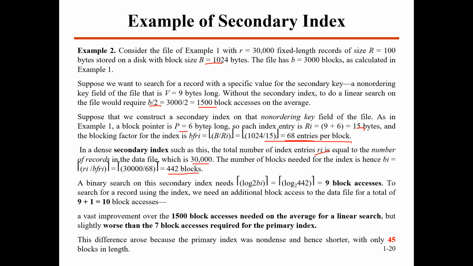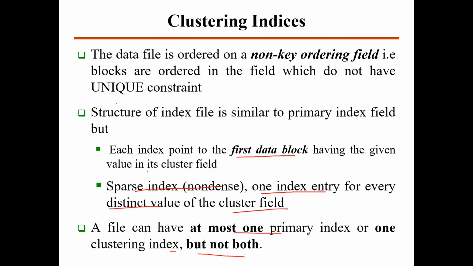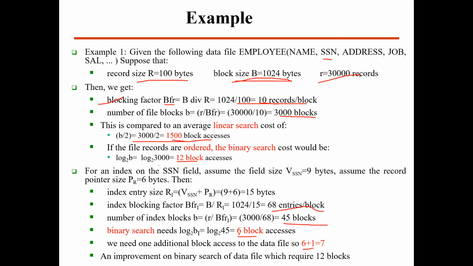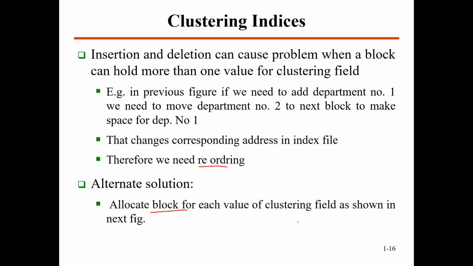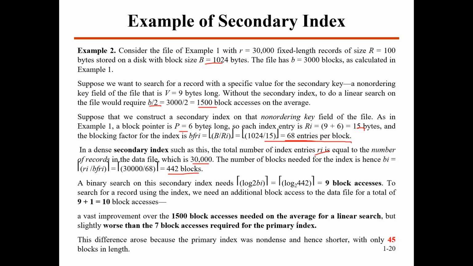So instead of having 3,000 divided by 68, which gave us 45 blocks in the primary one, here we have 30,000 records divided by 68. So this is the difference. It gives us 442 blocks.